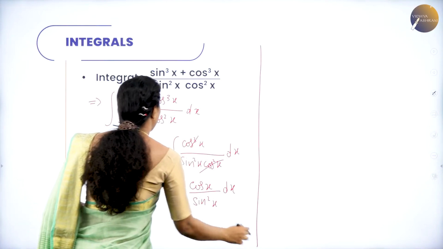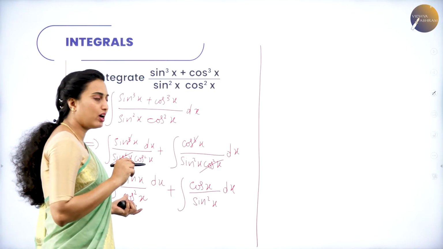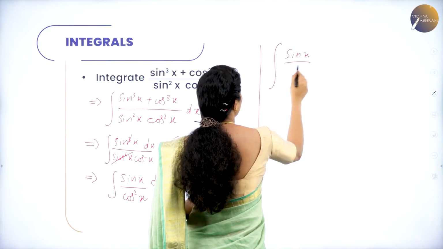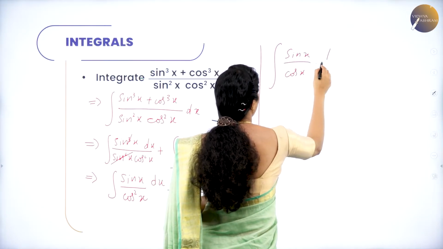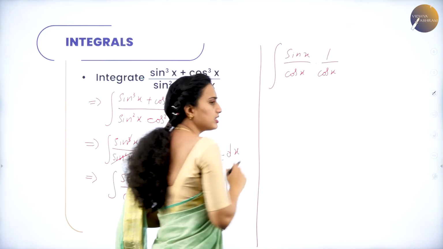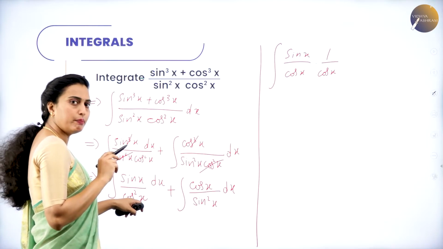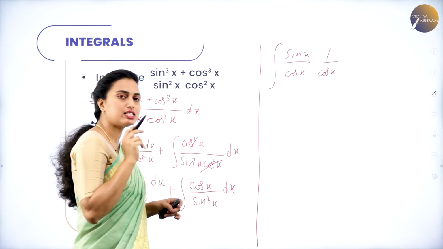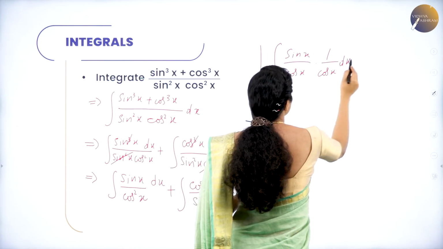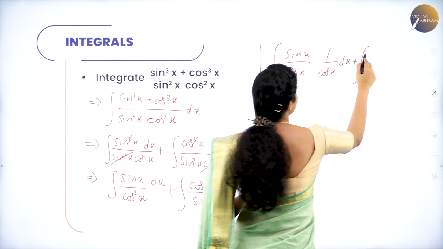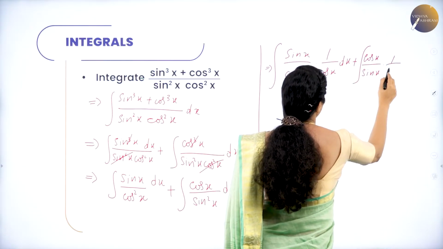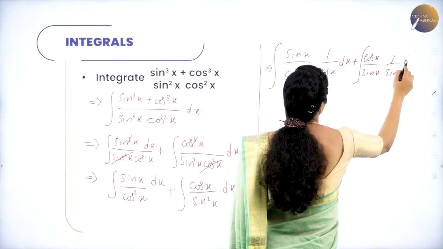Now dear students, I am going to write this again, cos x separately, like this: integral of sine x divided by cos x into 1 over cos x. You can observe in the denominator, dear students, cos x into cos x is nothing but cos squared x. Similarly, I am going to split sine squared x as sine x into sine x, into dx, plus integral of, again same here, cos x over sine x into 1 over sine x into dx.